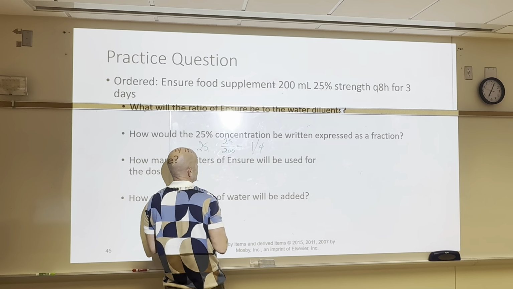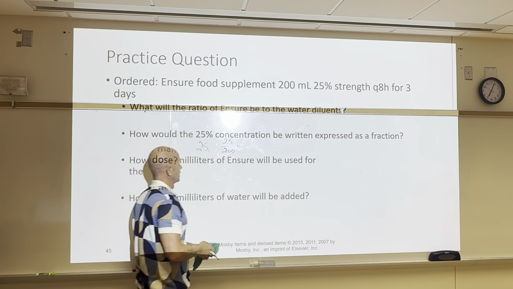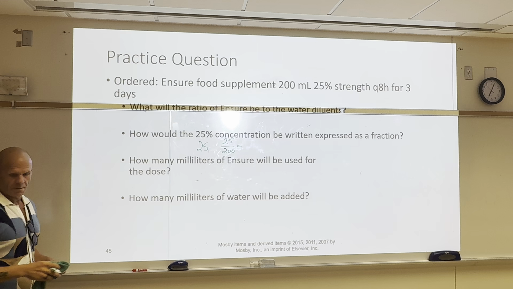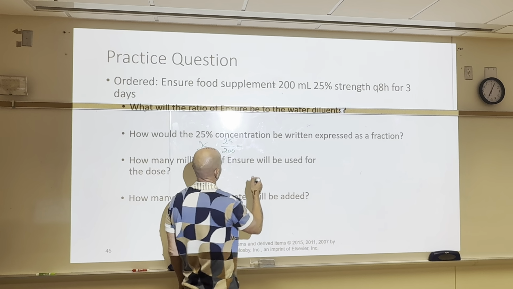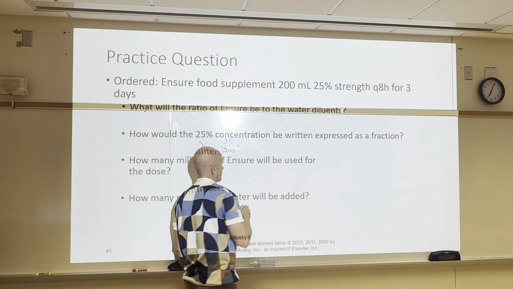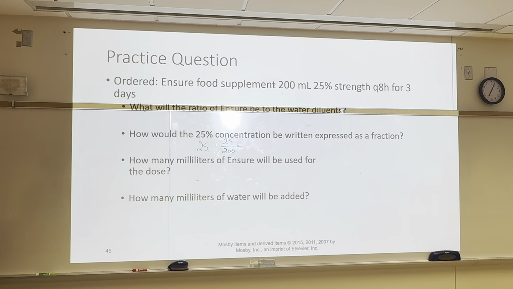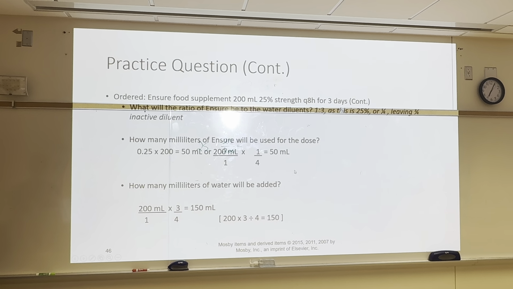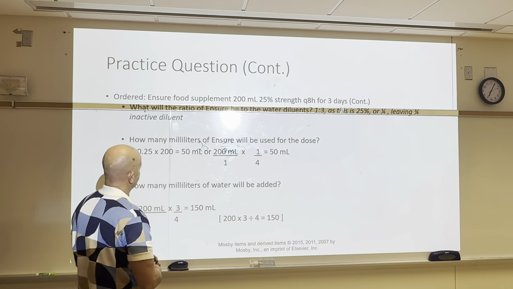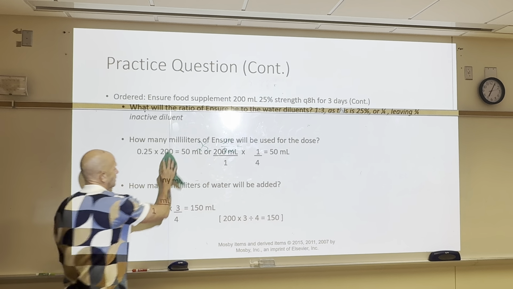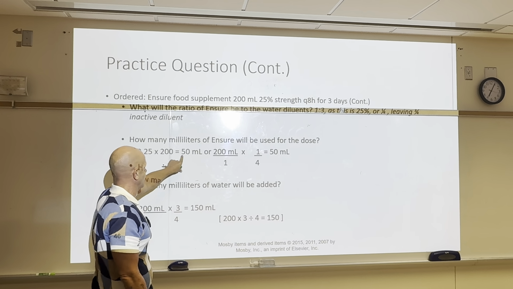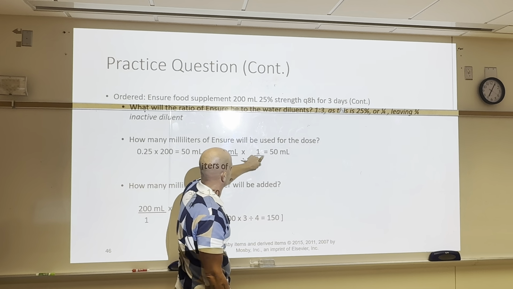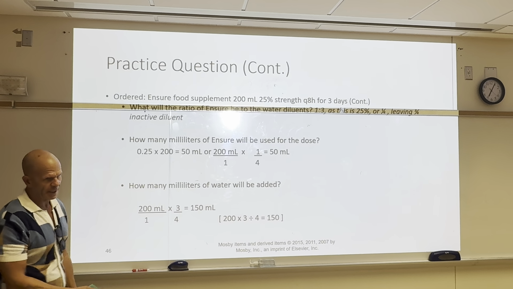It's 200 mLs because that's what they're giving us. So what's 25% of 200? All right. So here we go. 0.25 times 200 or 50 mLs, or 200 mLs over 1 times 1/4 equals 50, okay?